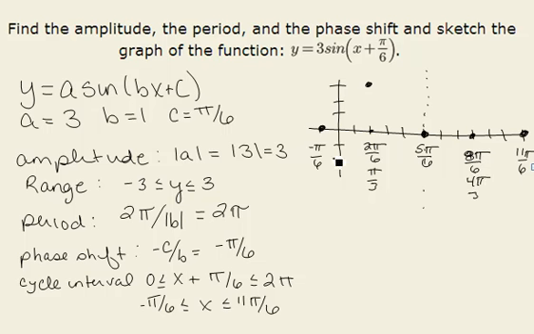That would give my minimum value at negative 3. I am now ready to sketch my graph of my function. We will notice that from the x-intercept to the maximum, I have an interval of pi over 2 units.